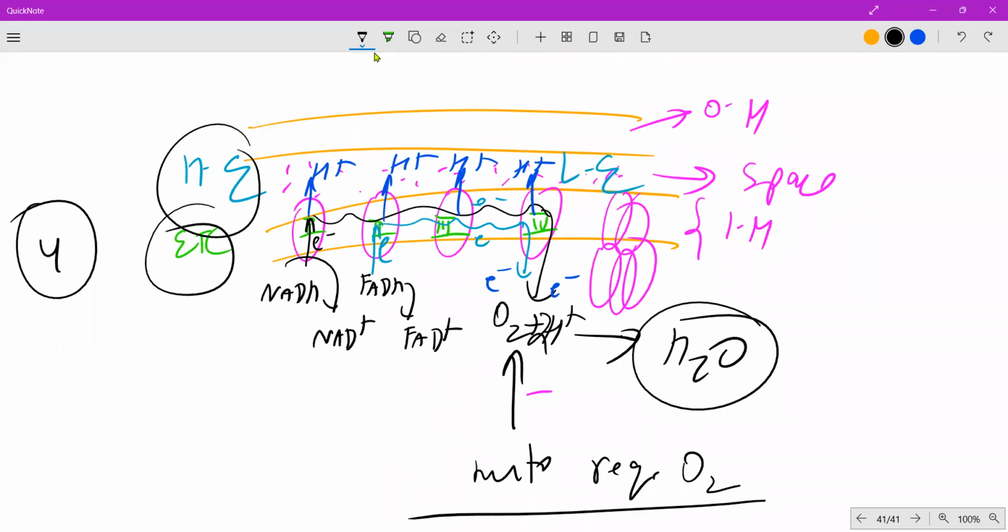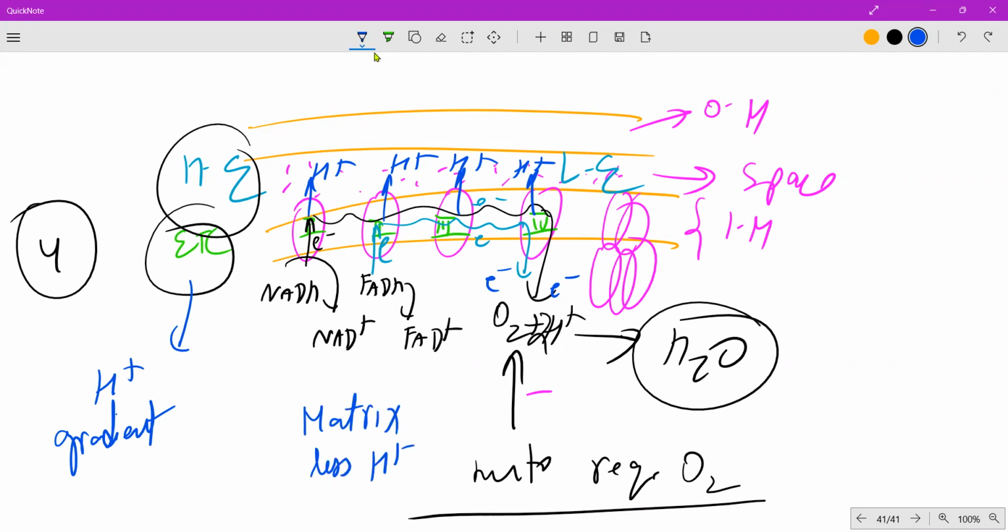So now we see this. So ultimately, what is the end result of electron transport chain? What is the end product of ETC? I can say that the end product of ETC is a proton gradient. When I say gradient, मतलब कि intermembrane space में ज्यादा protons हैं और हमारा जो matrix है, matrix में कम protons हैं, less protons. मतलब matrix is alkaline और जो हमारी intermembrane space है, this becomes acidic.